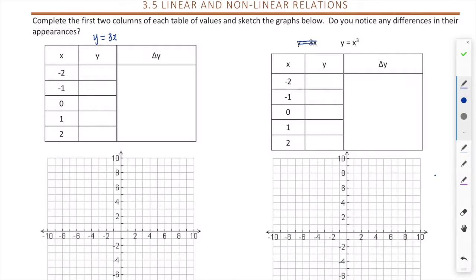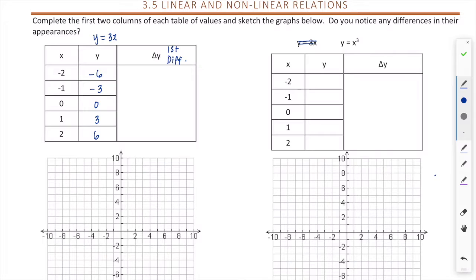3 times negative 2, negative 6. 3 times negative 1, negative 3, 0, 3, and 6. So here are your y values. Recall from your previous lessons, we have talked about how we can calculate the first difference. Here we're showing this as delta y, okay?